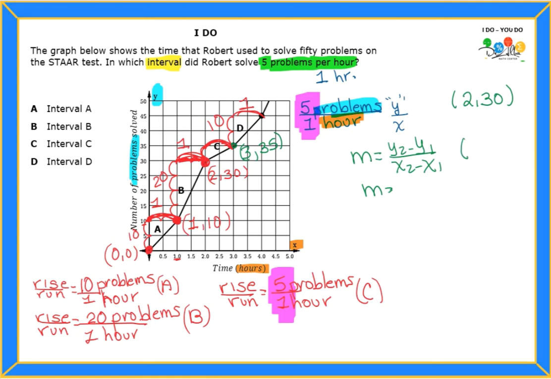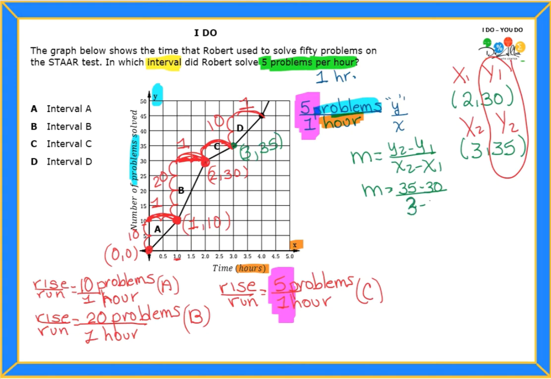So we'll write it down here. Let's write down labels here. So my labels are x sub 1, y sub 1, x sub 2, and y sub 2. Let's circle this, because remember, that's my numerator, right? So y sub 2 is 35 minus 30, and x sub 2 is 3 minus 2.